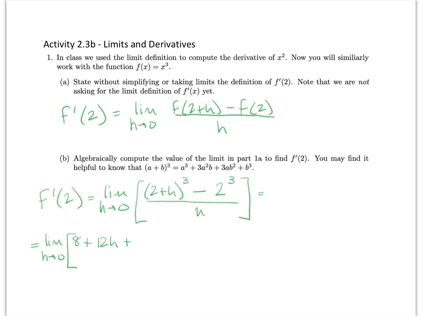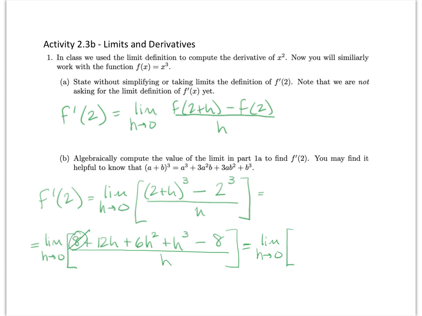So it's going to be 3 times 2 times h squared, so 6h squared, plus b cubed, so that's plus h cubed, and then minus the 2 cubed here, which is an 8, all over h. And this will be the limit as h goes to 0.